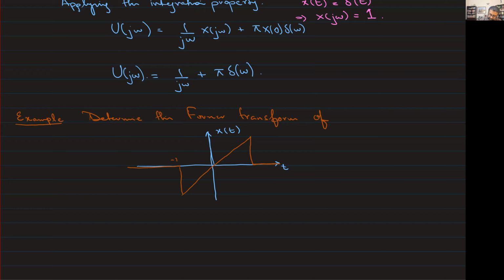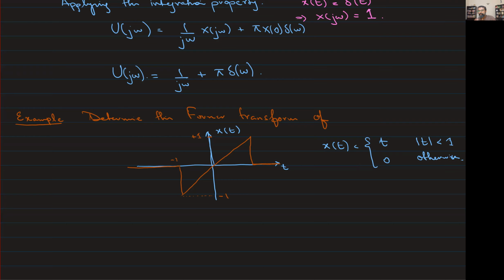And the height here is -1 and the height here is +1, right? So essentially what I'm saying is that x of t equals t for absolute value of t is less than 1 and is 0 otherwise.